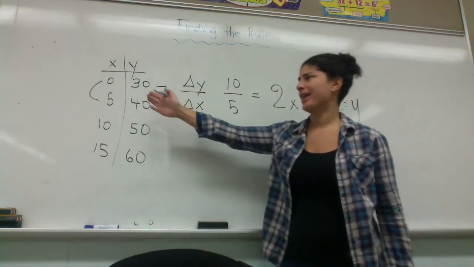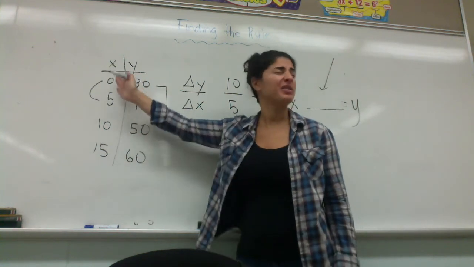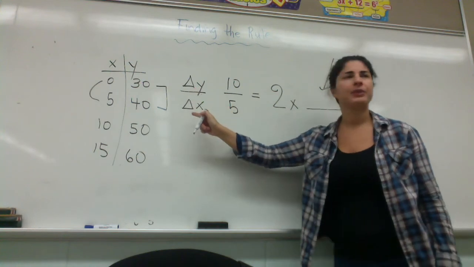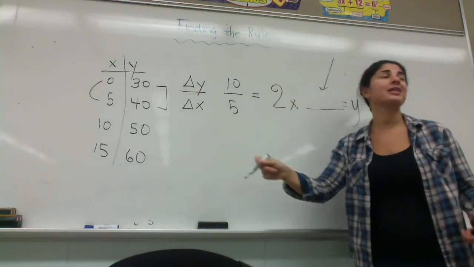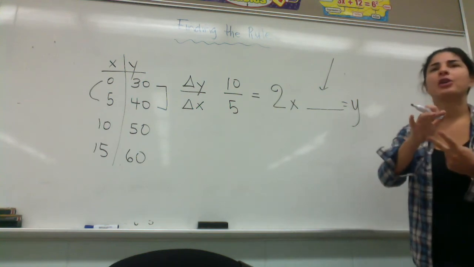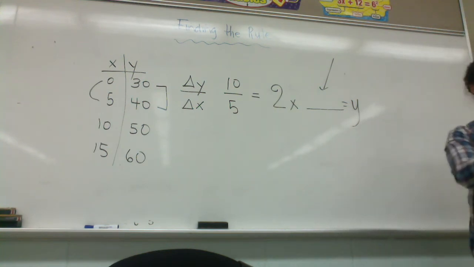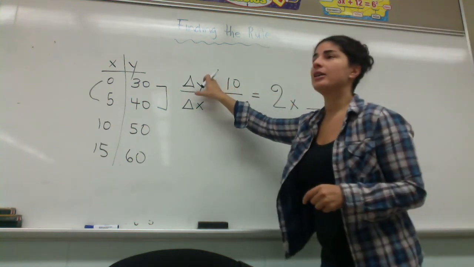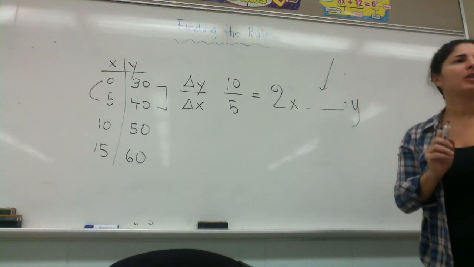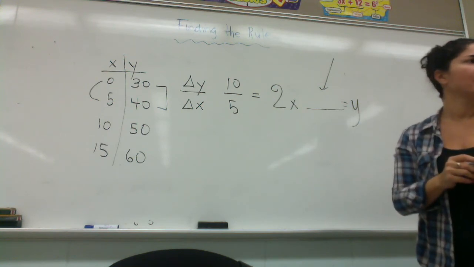But now that my x value is going up by something besides 1, I need to show you this. Now this is a huge lesson because I've shown you how to find the rule, how to find the common difference, how to find the initial value, how to now find the delta y divided by the delta x. What do you think is going to make our life easier?